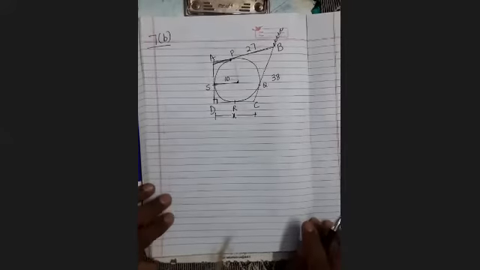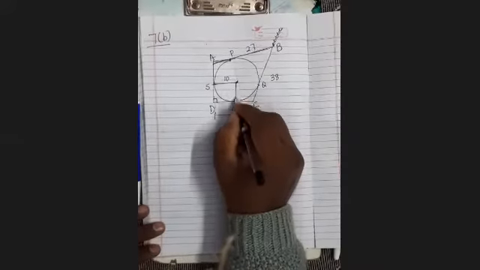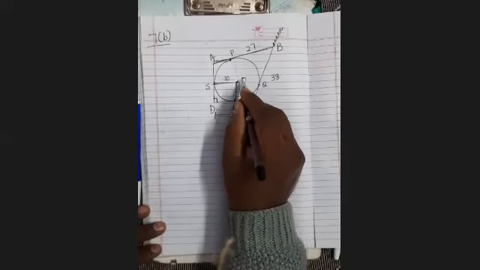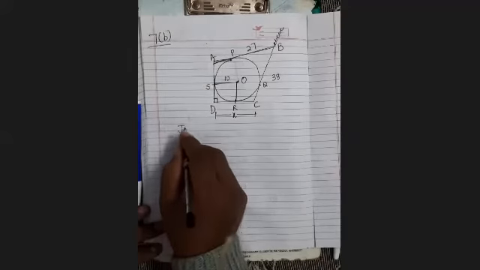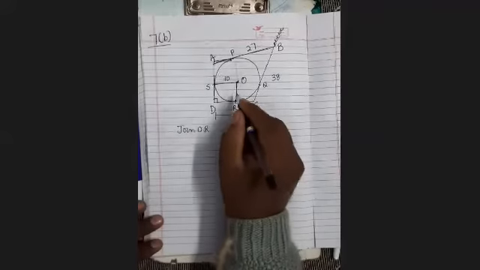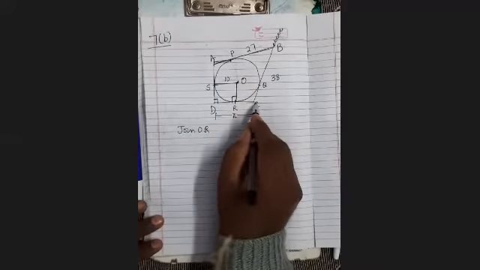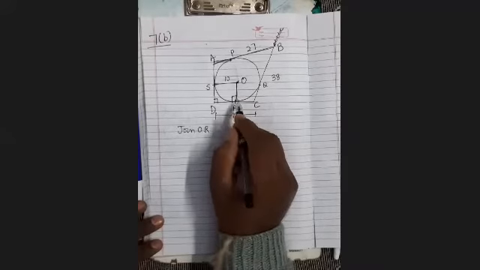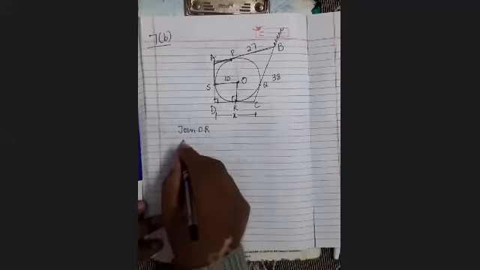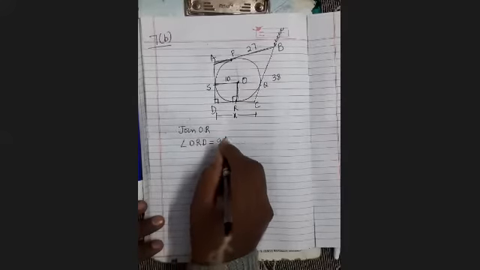It's clear. So all of you see here, you join OR. This point is O, R. Join OR. Now you can see here, this angle will be equal to 90. Why? Angle between tangent and radius at the point of contact. Angle ORD equals to 90 degree.